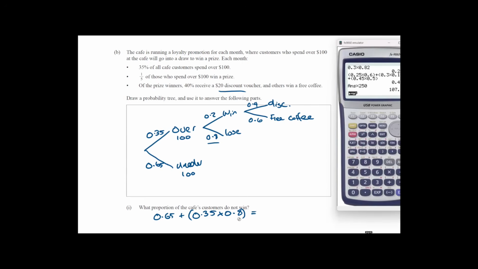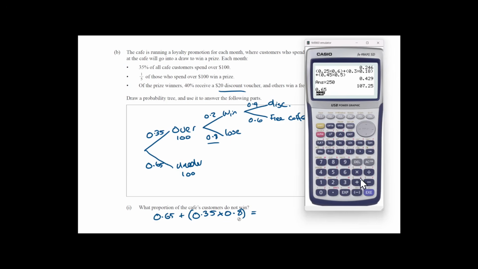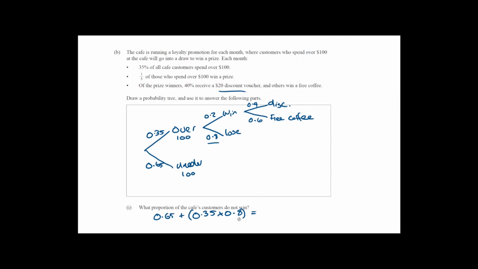So 0.65 plus 0.35 times 0.8. So 0.93. So 93% of the customers won nothing. No soup for you. Well, no coffee for you.